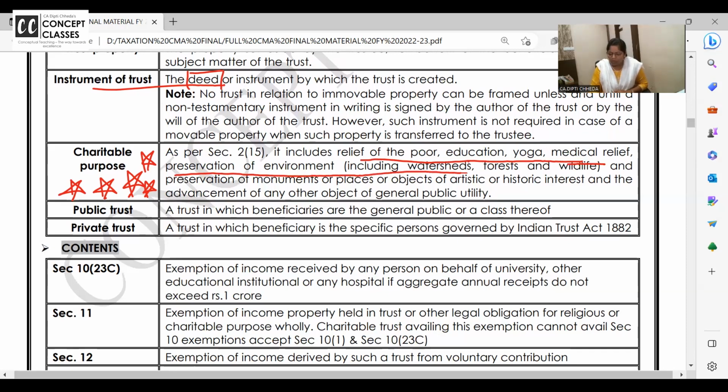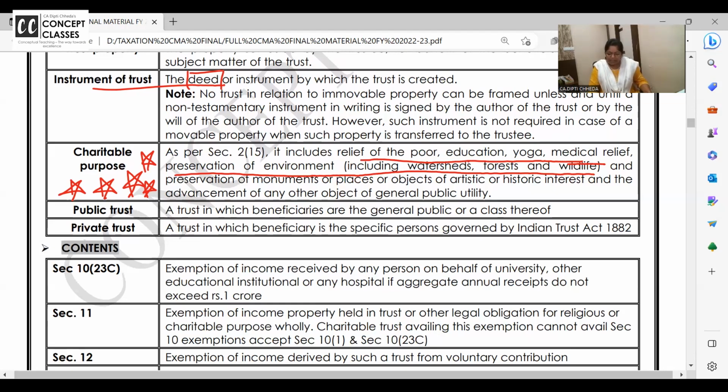When we go to forests, people are forming trusts and providing water pumps and water sheds for wildlife over there. And preservation of monuments or places of artistic or historical interest, and the advancement of any other object of general public utility. Clear? So charitable purpose is very well clear to all of you.